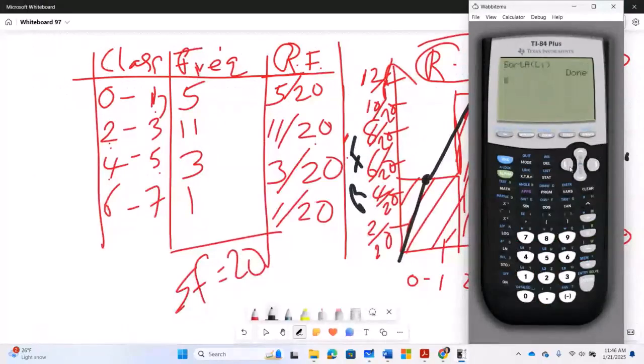I want to calculate the one variable stats of the data in L1. The original data is in L1, so I am going to make sure that it's there. That data is in L1 and I sorted it in ascending order. So I'm about to calculate the one variable stats.